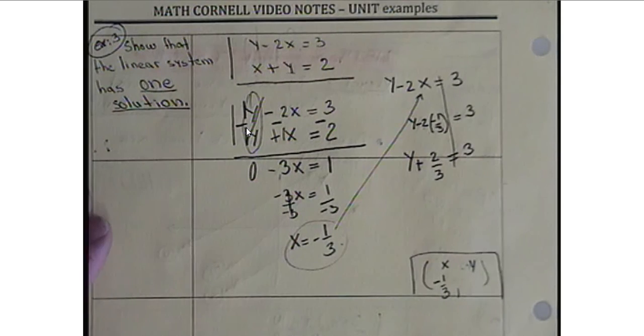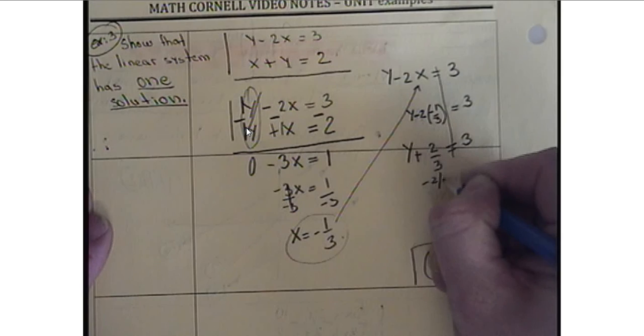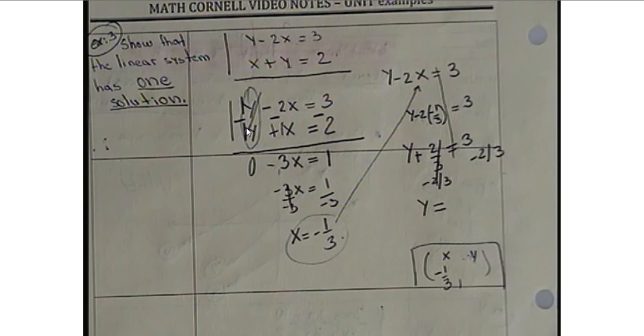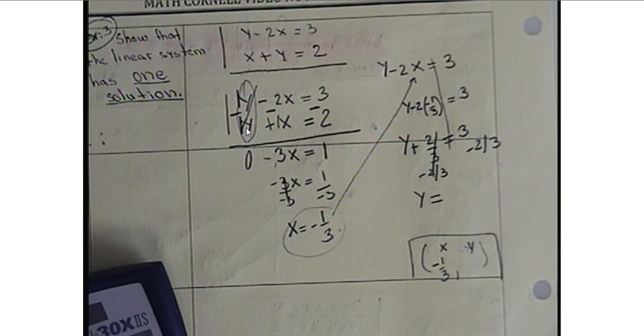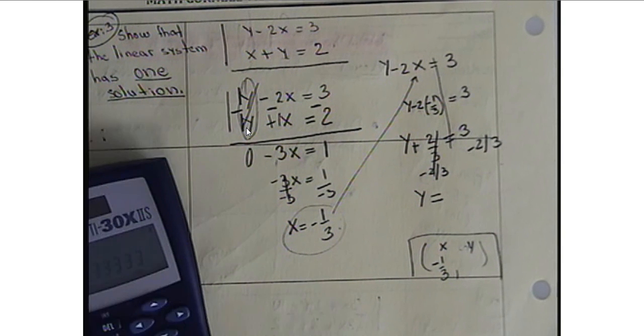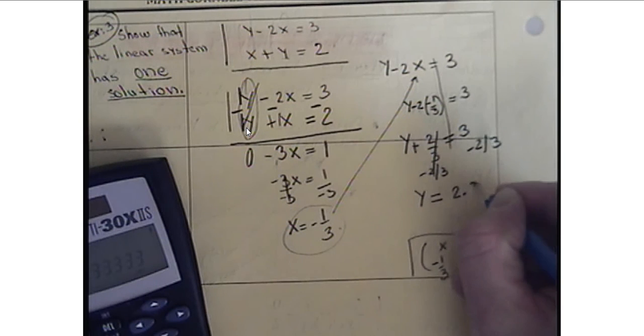Okay, one more step. We'll subtract 2/3 from both sides. So y will be equal to, and now I will suggest to use the calculator. You don't want to think fractions right now. So it will be 3 minus 2 divided by 3, and we will get 2.33 approximately.